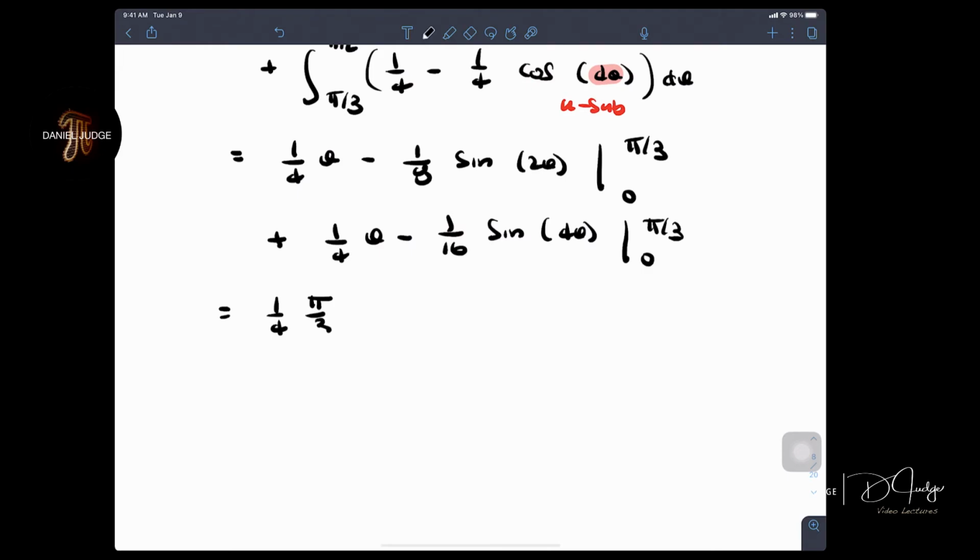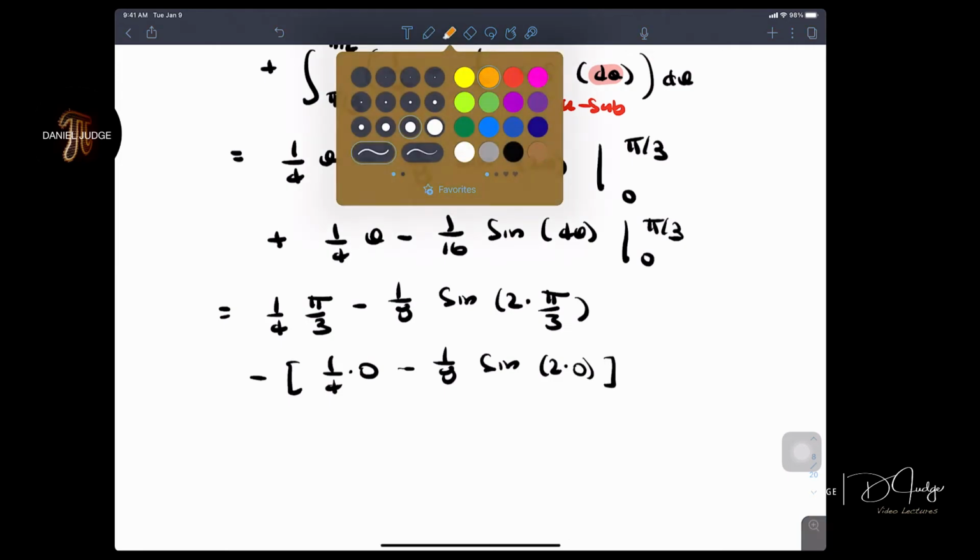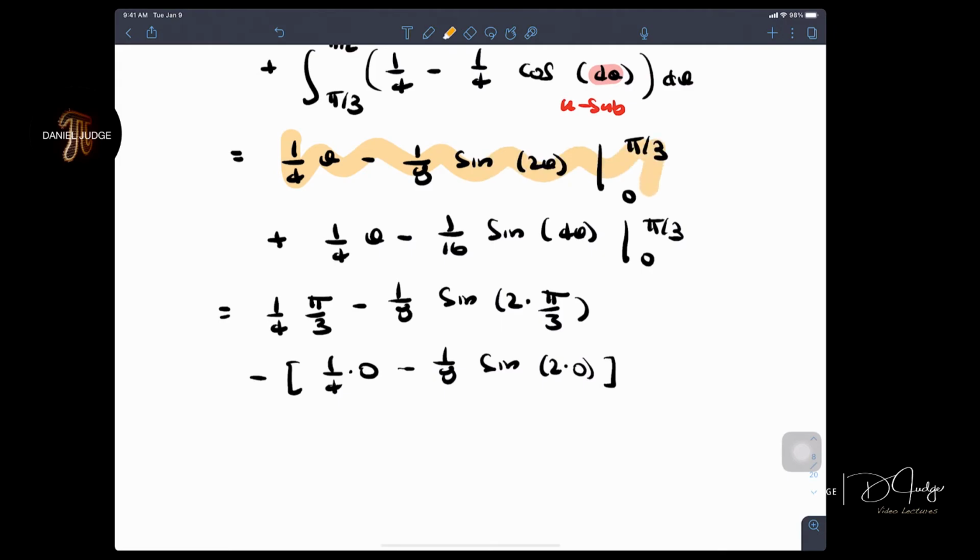One-fourth pi over 3 minus 1/8 sine 2 times pi over 3, minus 1/4 times 0, minus 1/8 sine 2 times 0. And that's the first integral. Just to let you guys know, in orange, this whole thing is the orange. Let's do the next one.